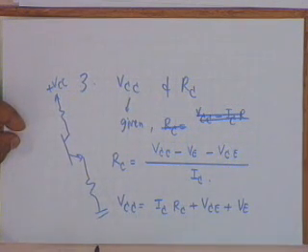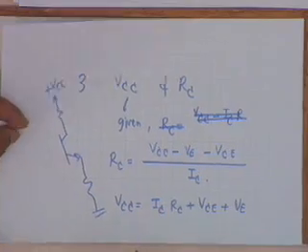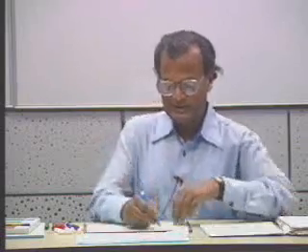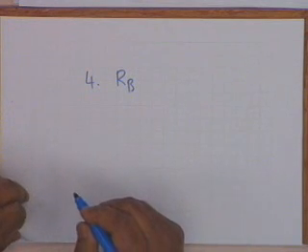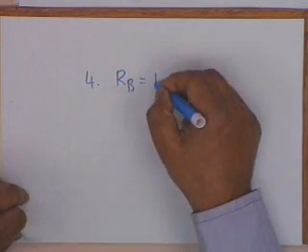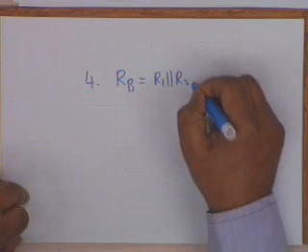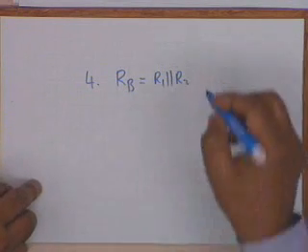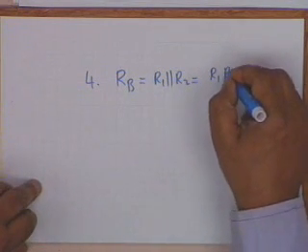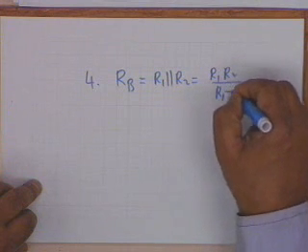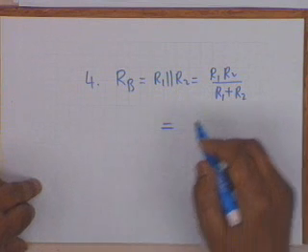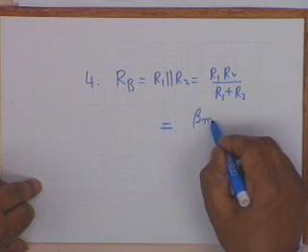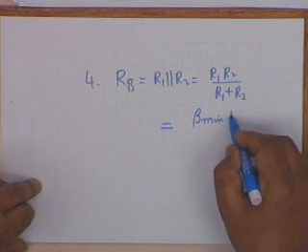The next step is choose an RB, that is R capital B, which is the parallel combination of R1 and R2, which means R1 R2 divided by R1 plus R2. And I have already told you that this should be chosen as beta minimum times RE divided by 10.